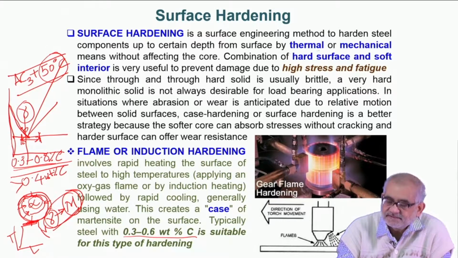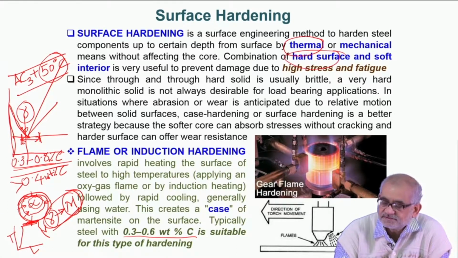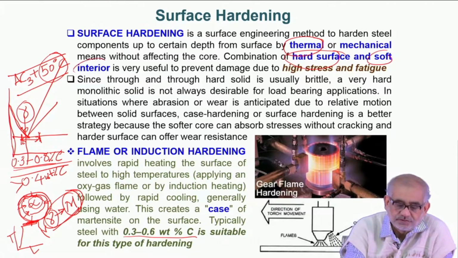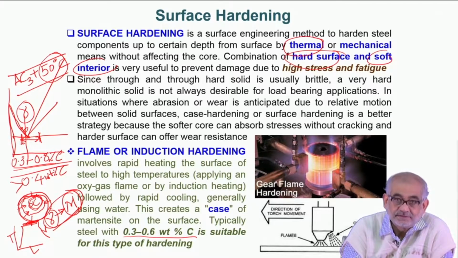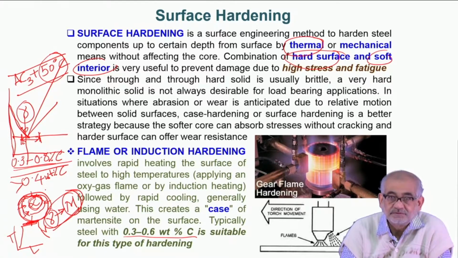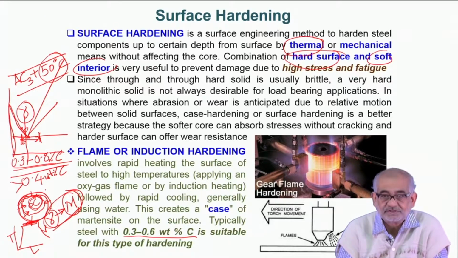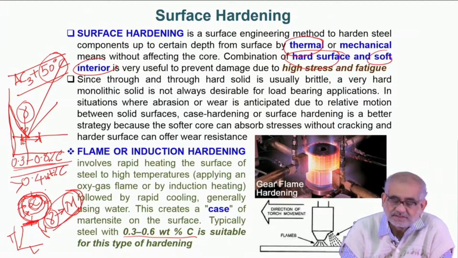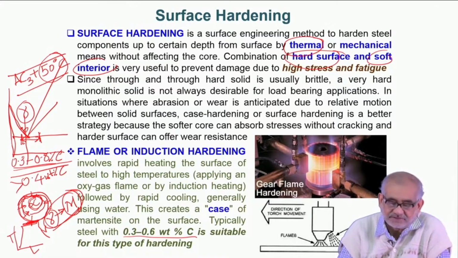As I said, this is primarily a thermal treatment. We want a hard surface and a soft core, because the core, for example this ferrite, will be able to absorb energy, including impact or high strain rate energy, whereas the surface will be able to resist deformation due to wear, abrasion, erosion, or any other kinds of surface damage. So, it is important that we create a graded microstructure.